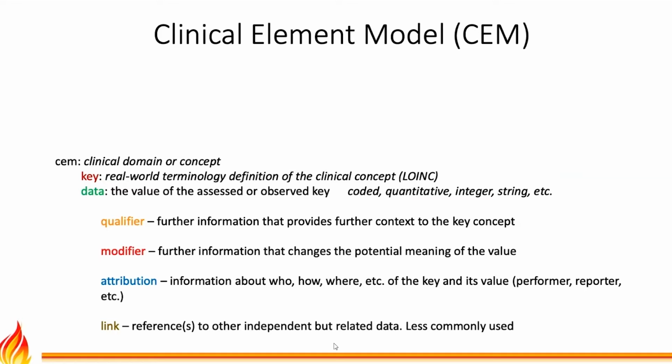What we've learned is that we really need to control the main things. You have your name with the value key pairs. But over time, in order to accommodate all the different types of uses, you end up having qualifiers, modifiers, attributions, and sometimes links out to more information.